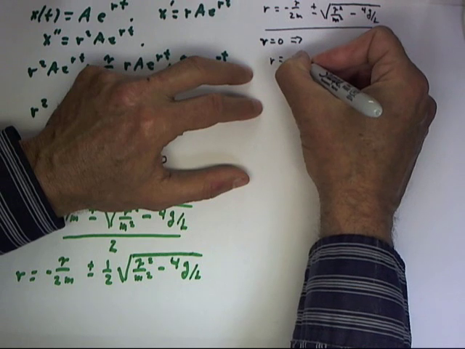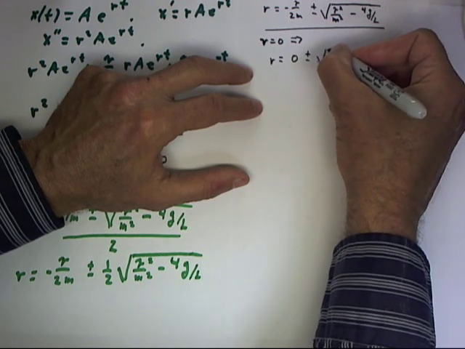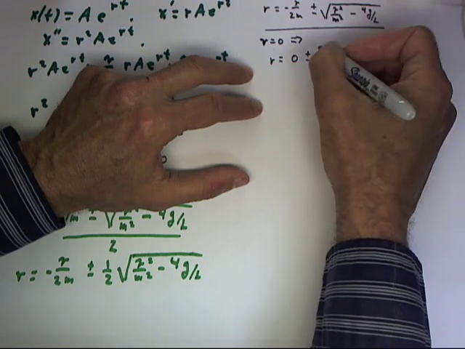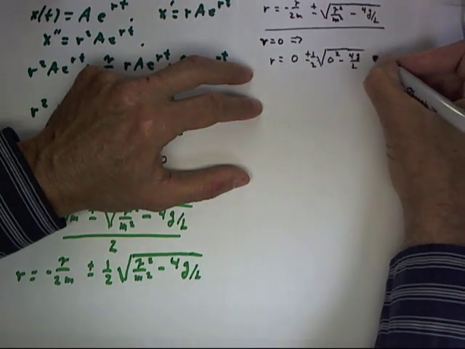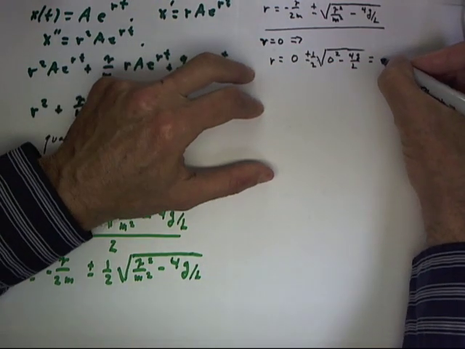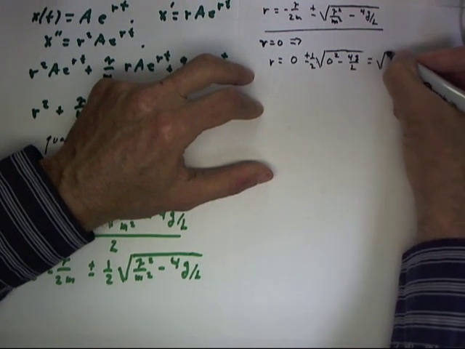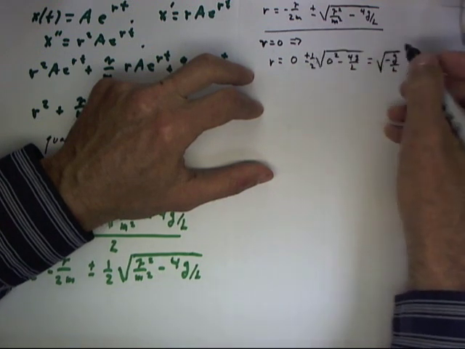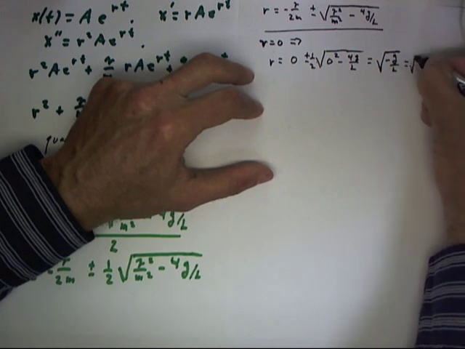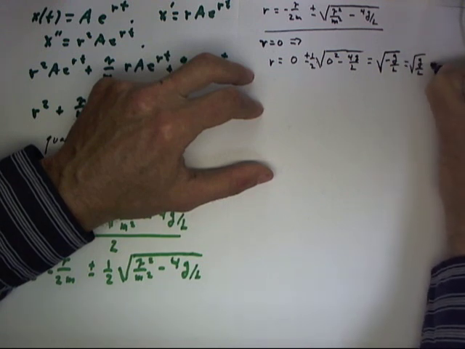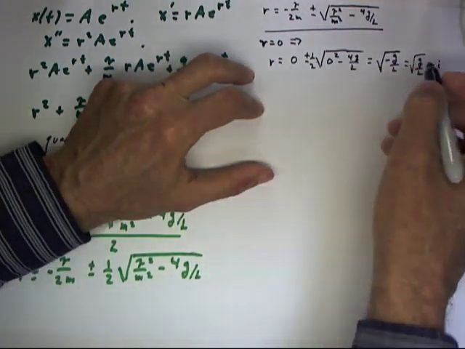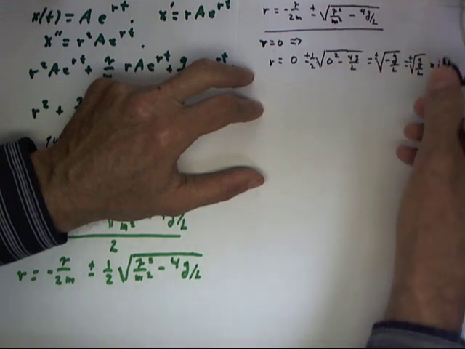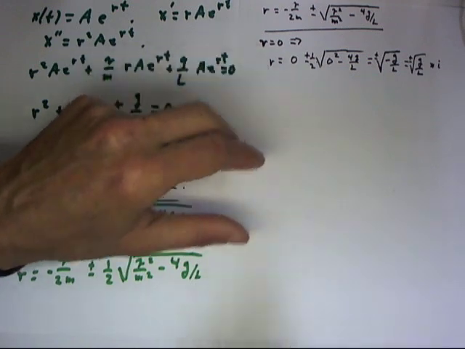Then R equals 0 plus or minus the square root of 0 squared minus 4g over L, and I lost my 1/2 here, and that simply equals the square root of negative g over L. You can worry about the algebra of that, and this is going to be plus or minus. We get plus or minus the square root of g over L times i.